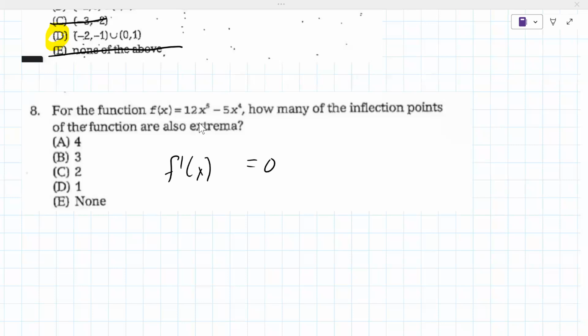Inflection point makes you do the second derivative. Okay. Well, you will be doing the second derivative. Usually you do the first before the second. So 60x to the fourth minus 20x cubed. Okay, set that equal to 0 and solve for x, please.